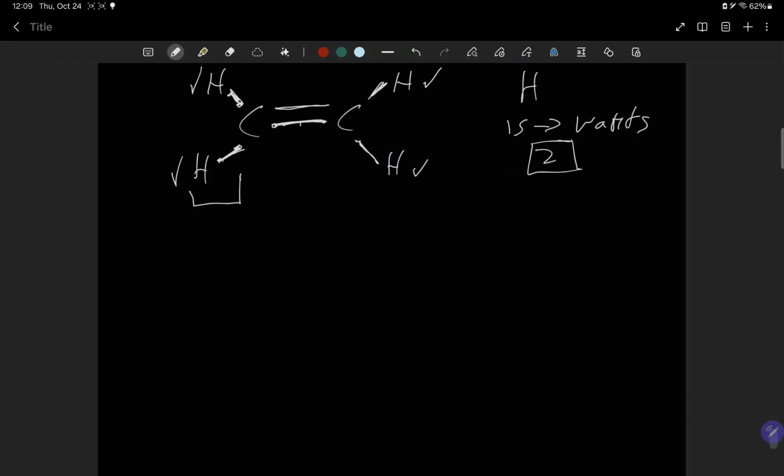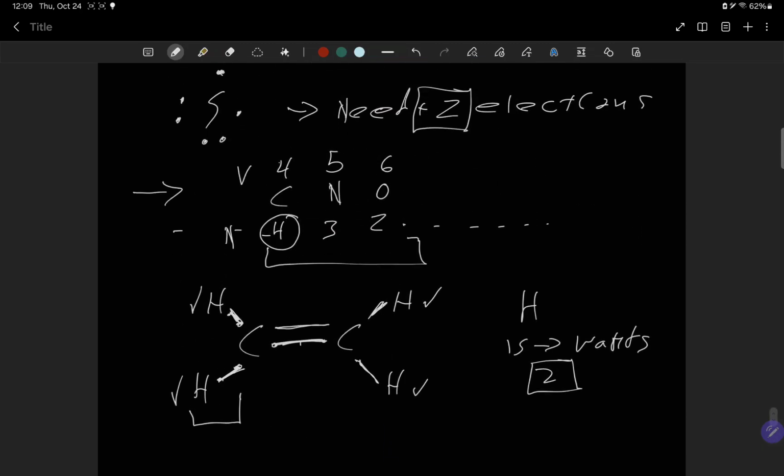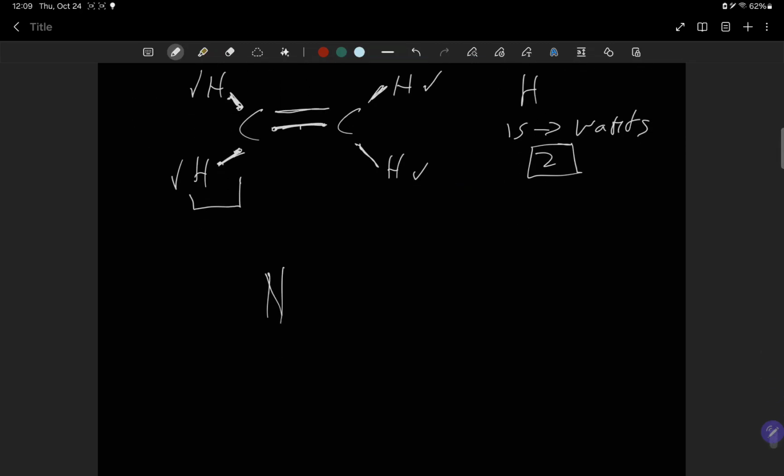So let's say nitrogen has 1, 2, 3, 4, 5. I'll do this. Keep the electrons separated. So it needs 3 to make an octet.